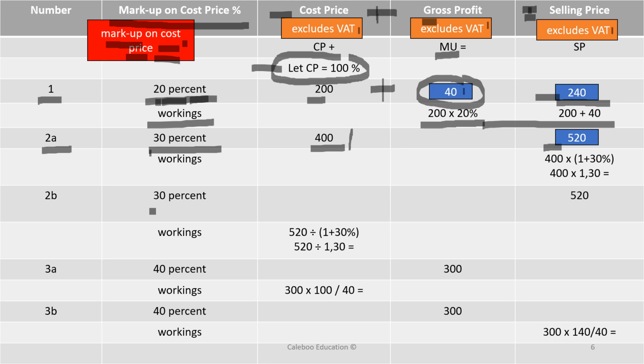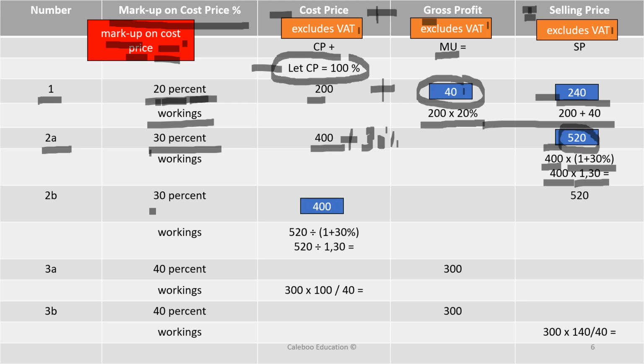The markup here is plus 30% on the cost price. And how I do that is I say cost price, excluding VAT, multiplied by 1 plus the 30%. And 1 plus 30% is equal to 1,3. So 400 multiplied by 1,3 is 520.